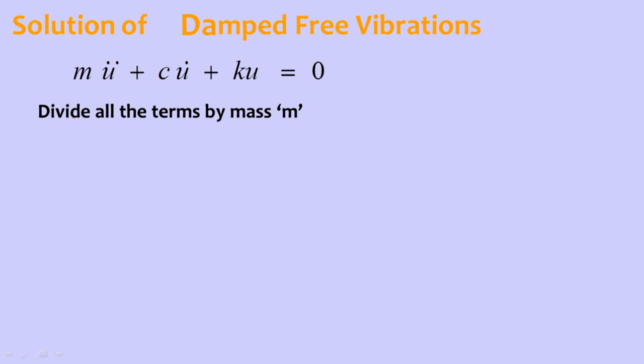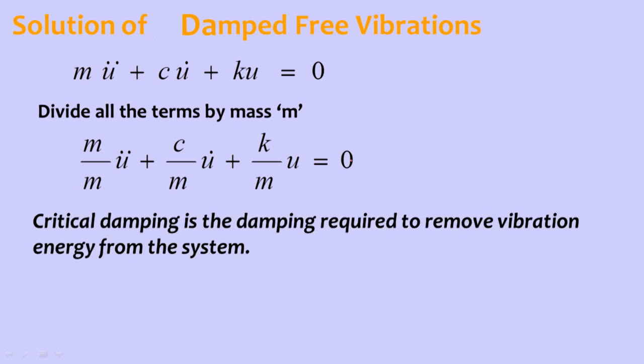For convenience, we divide all three terms by mass. What we get is u double dot plus c by m into u dot plus k by m into u equal to 0.